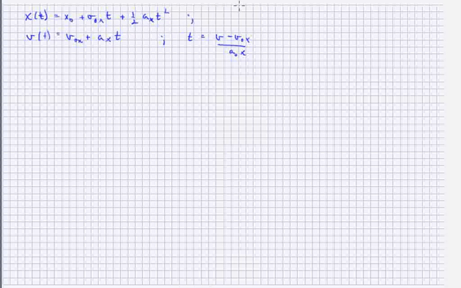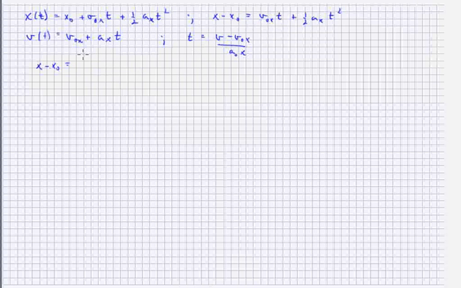This first equation we can rewrite as x minus x naught is equal to v naught x t plus 1/2 a sub x t squared. And so if I take this equation right here and rewrite the left-hand side, but now wherever t appears on the right-hand side, I'm going to make this substitution.